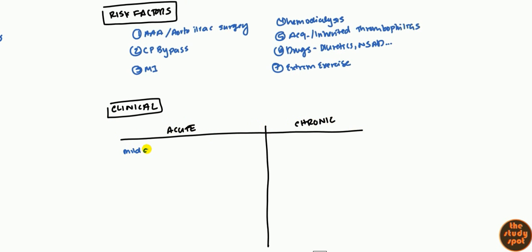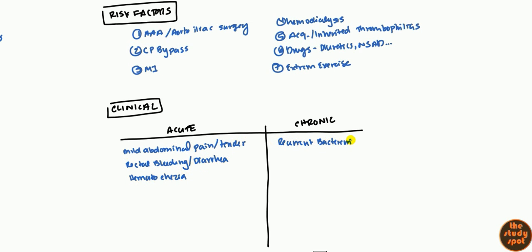In the acute phase, you have a mild abdominal pain, and it is tender. You also might have some rectal bleeding and diarrhea, and it might even be to the level of hematochezia. Hematochezia just means outright blood coming from the rectum. In chronic, however, there's going to be recurrent bacteremia and sepsis.